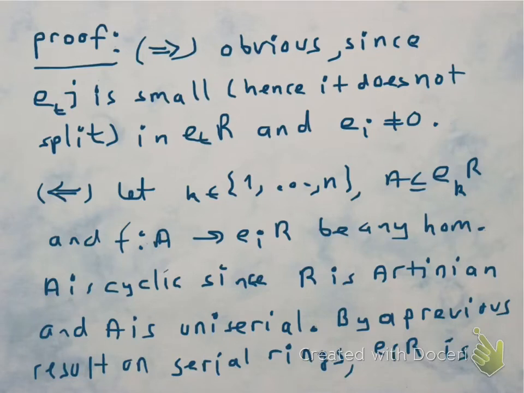Now, in our assumption, we just wish that f extends to a full map rather than the second condition that defines almost injectivity. Now, A is cyclic because R is Artinian, hence Noetherian, so any uniserial right ideal has to be cyclic.